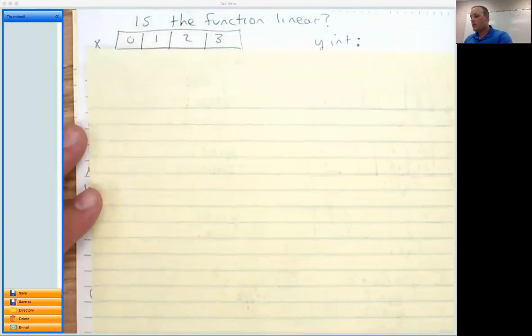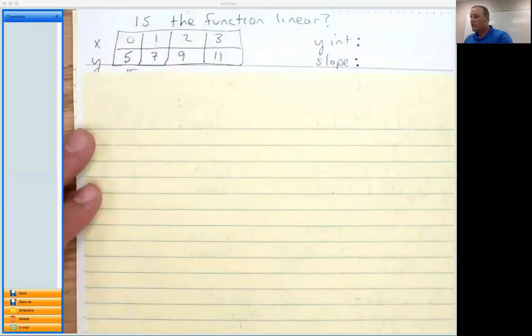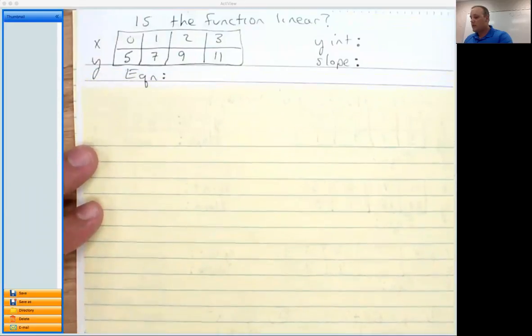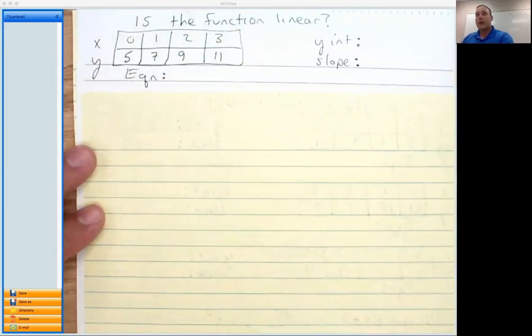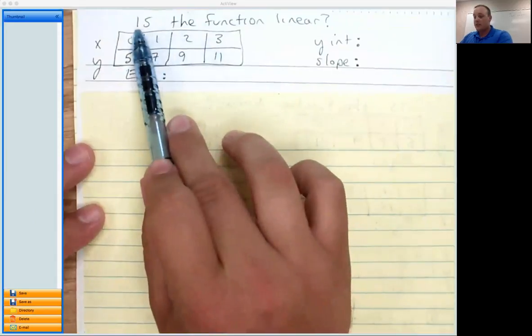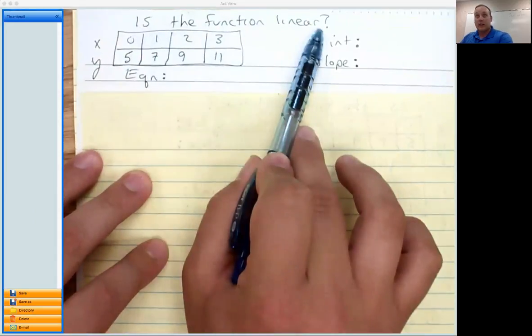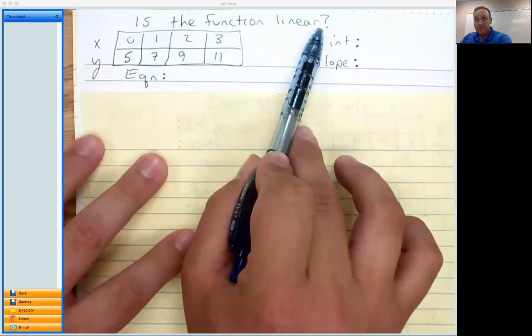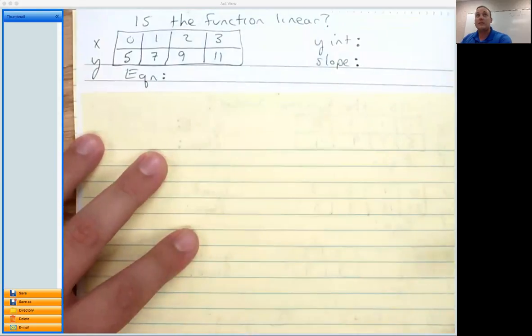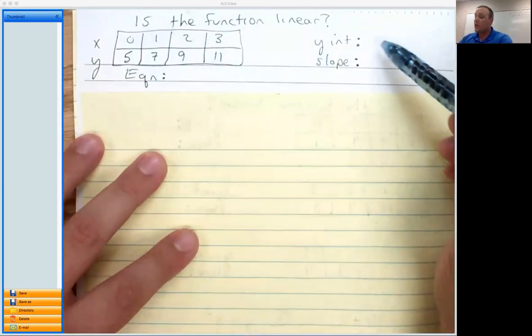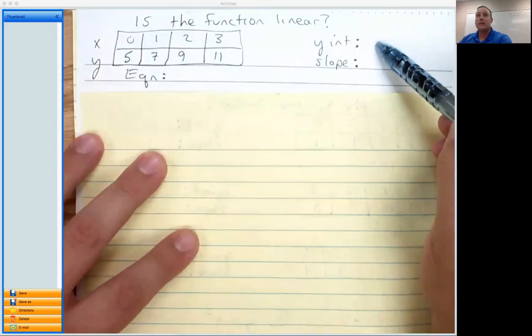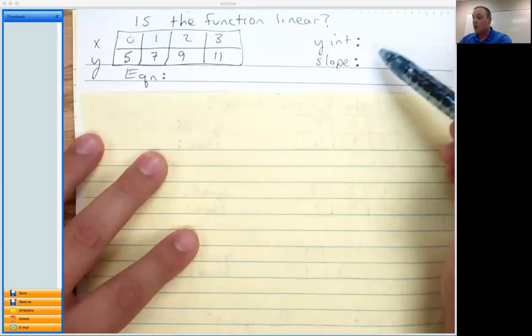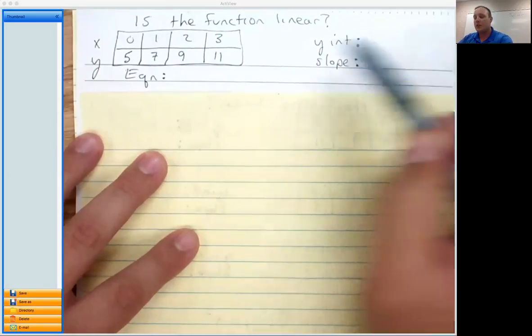Right here, here's our first question. The big thing that you're answering is, is the question linear? That's the first thing you're going to answer on your piece of paper. If it is, you're going to write down your y-intercept, the slope, and then if you can, write the equation.